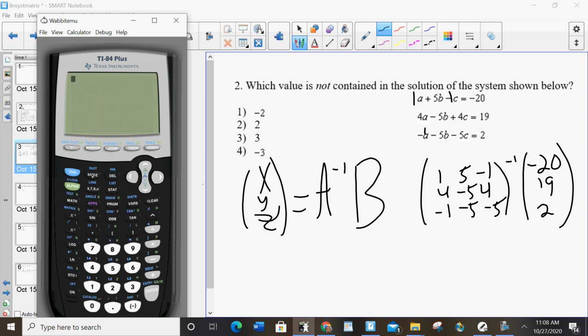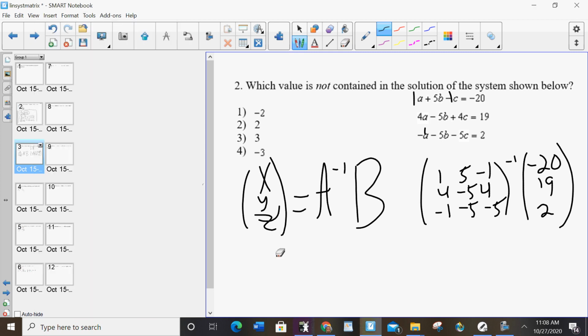Now to type in A inverse B, again I hit second matrix, enter, inverse button, second matrix, B, enter. -2, -3, 3. So in this case, instead of X, Y, Z, it's A, B, C. That's just what the problem gave us. So A, B, C equals -2, -3, 3.